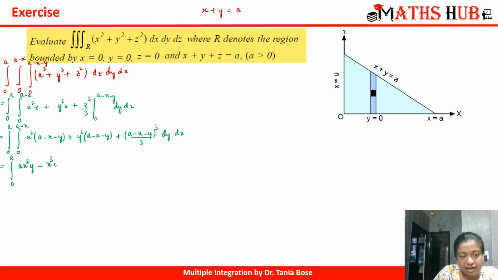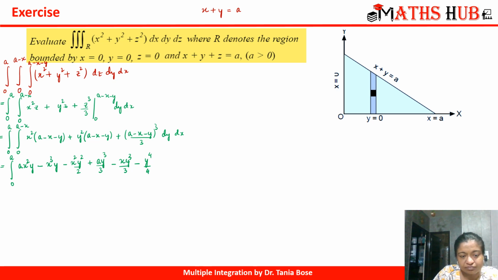So we will get x cube y. The next term is minus x square. Integration of y will become y square by 2 plus a times y square will become y cube by 3 minus x constant integration of y square will become y cube by 3, then minus integration of y cube will become y4 plus y4.